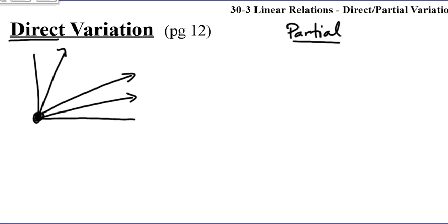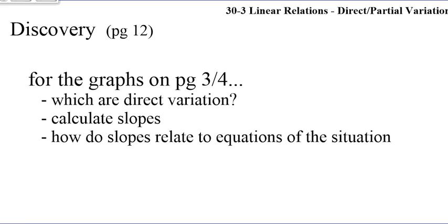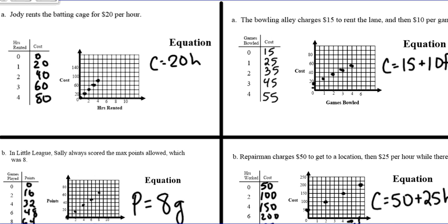So let's go back to pages 3 and 4 and identify which ones are direct variation graphs, and let's calculate the slope of each line. So when we go back, we're going to do those things.